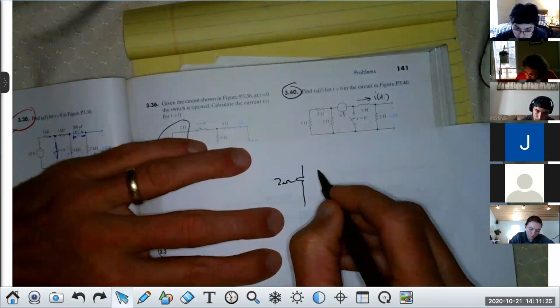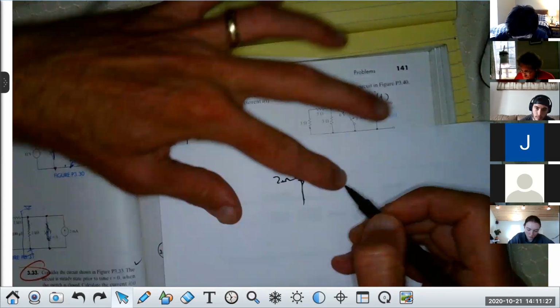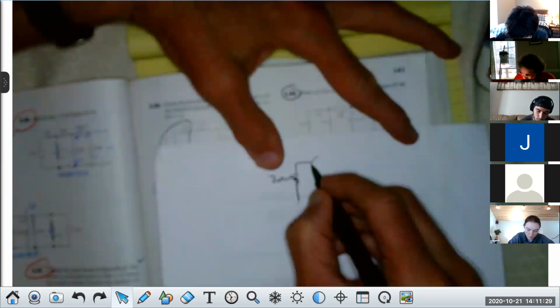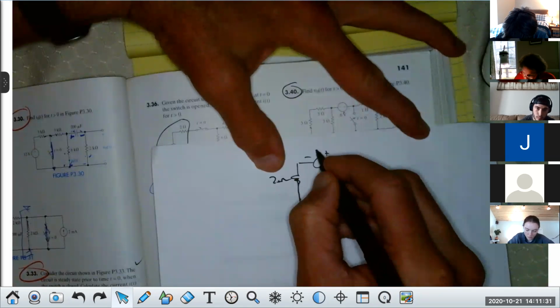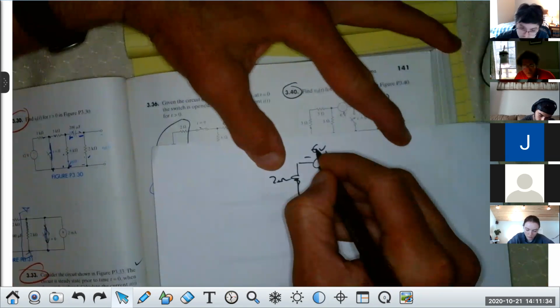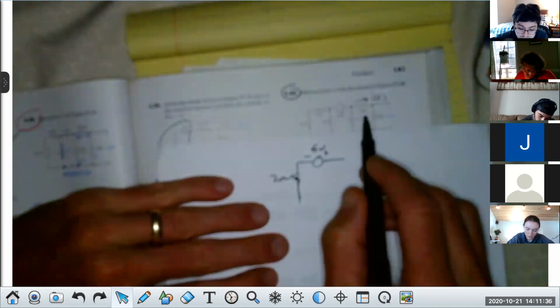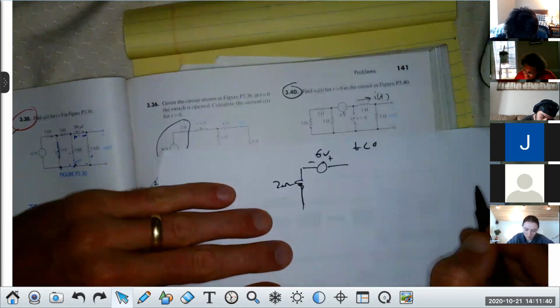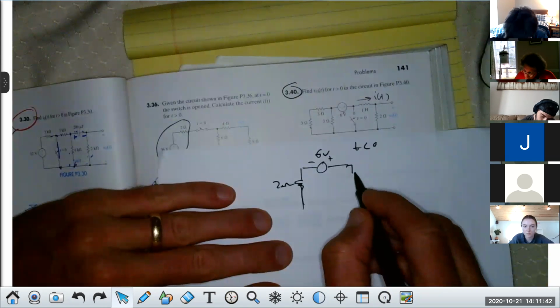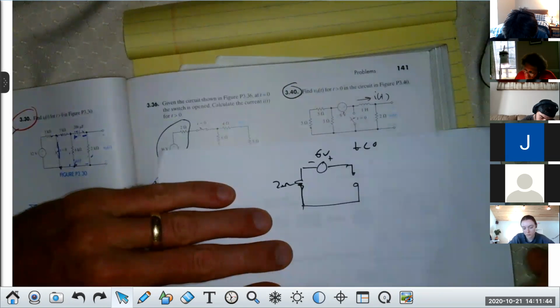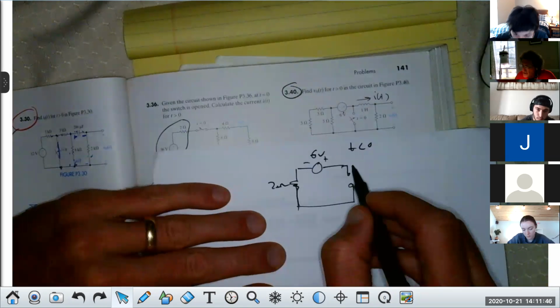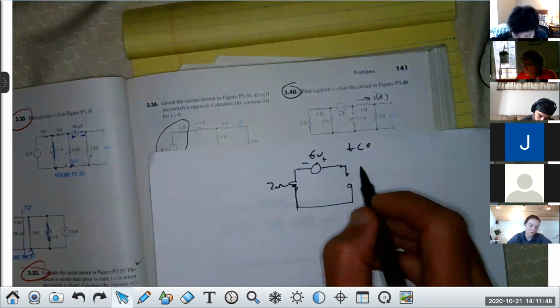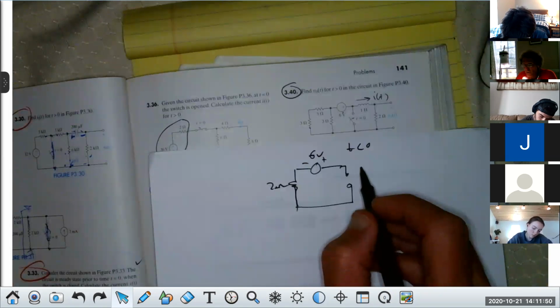Next is that 6-volt source. It's DC 6 volts. You could draw it as a battery. Now I look over here, go for t less than 0 first. There's a switch there, and it's open. Over here I have an inductor. What does an inductor look like when it's been in the same state for a very long time?